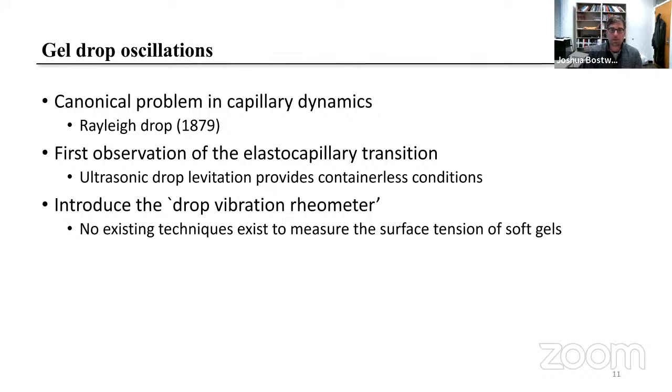And lastly, I'll talk about the drop vibration rheometer, which we propose to measure the surface tension of soft gels. I'll mention that there's no current technique that allows you to measure the surface tension of a gel, so we think this technique is very novel.